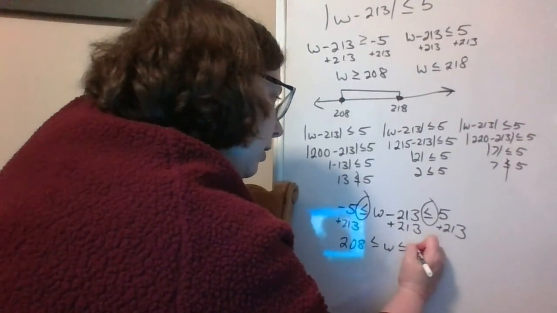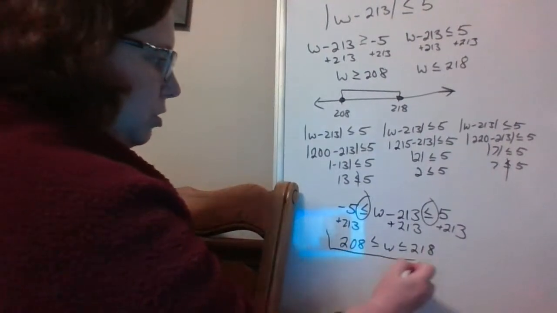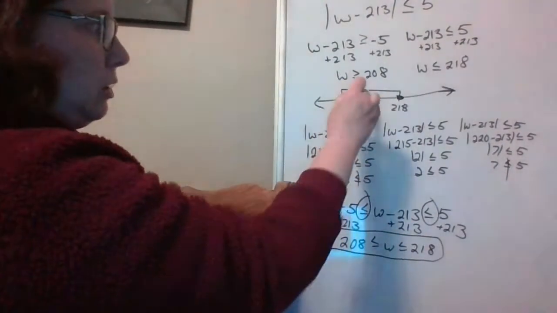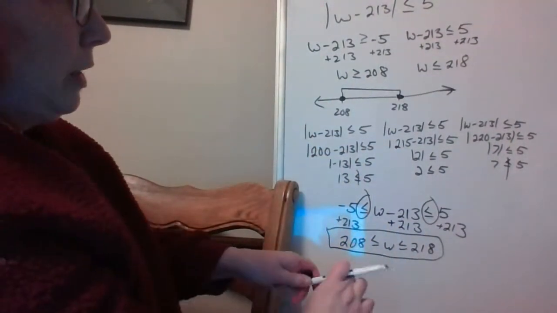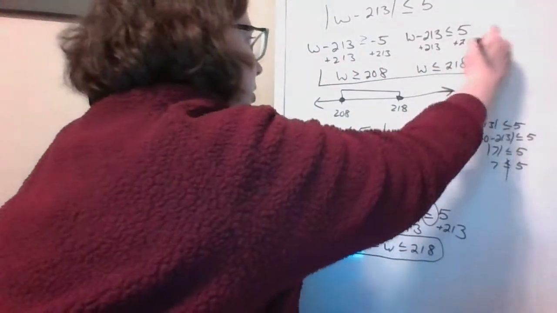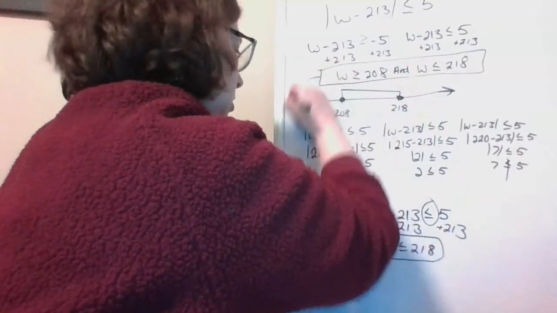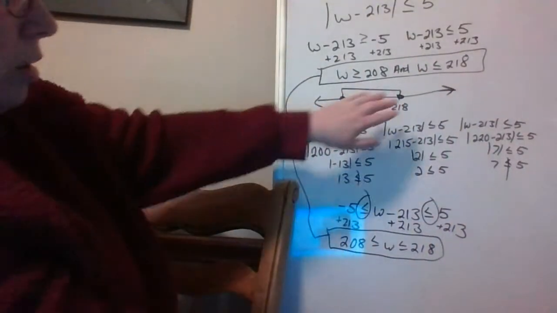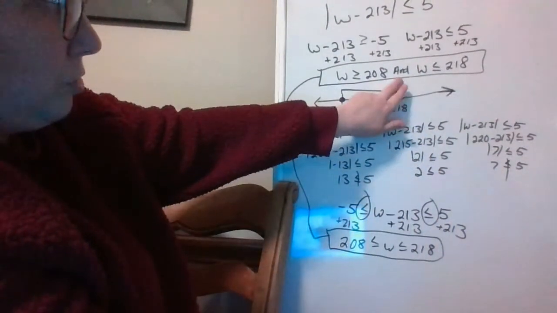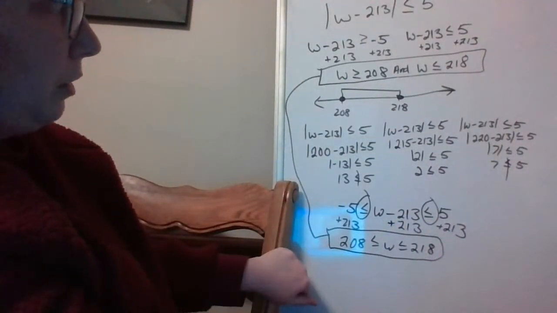we get our nice, neat solution set, which you'll notice would lead to the same graph, same checks as we had here. This is just a combination of this same solution. Down here, you would not have to use the word and because you're already showing that it all goes together.